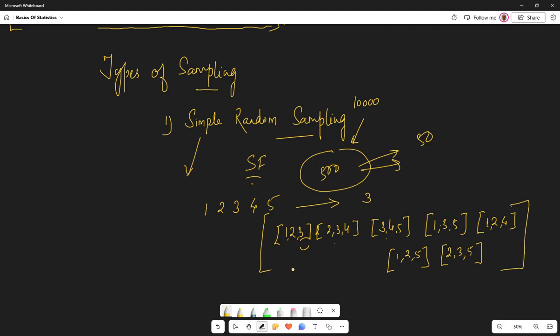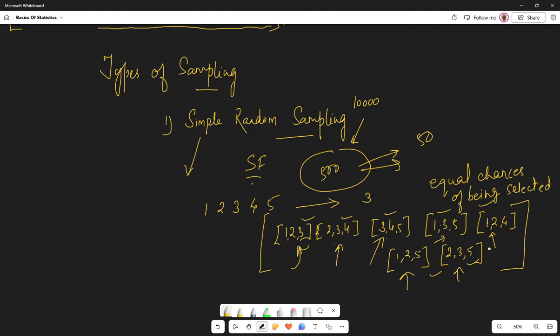Now we should select in such a way that every sample should have equal chances of getting selected in the sampling process, right? So we should select randomly in such a way that every sample which is possible from this population has equal chances of being selected as a sample from the population.